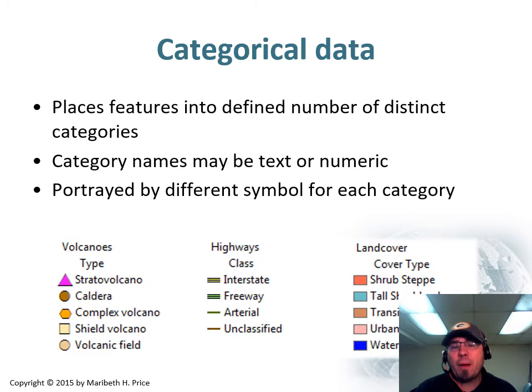And then for polygons, we have land cover, with different shades of color. The colors are pretty much random, but you can make them somewhat systematic, like greens for certain things and blue for water. Again, it's different cover types found in a column called cover type, and you use a different symbol for each one.